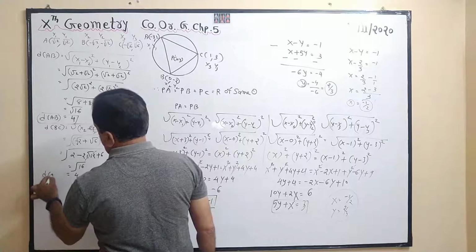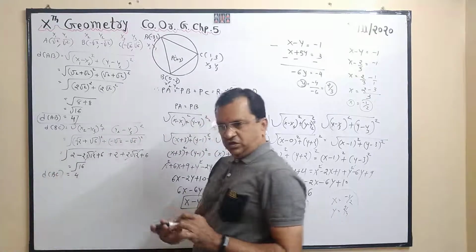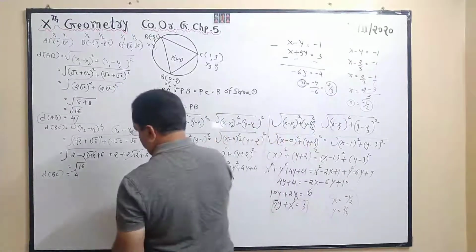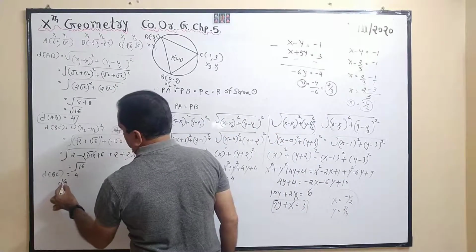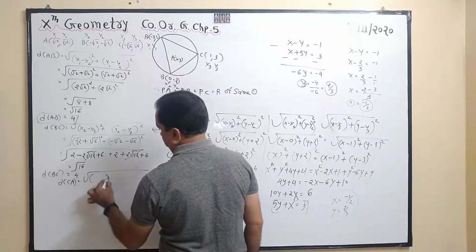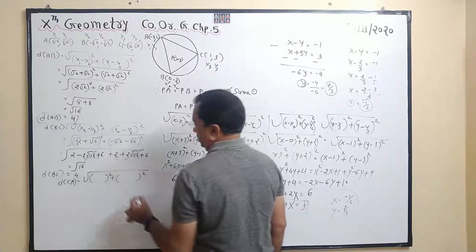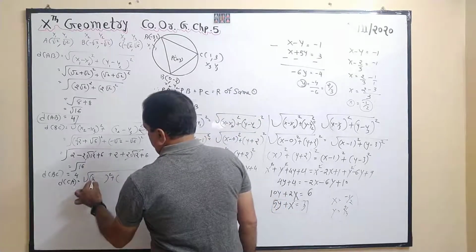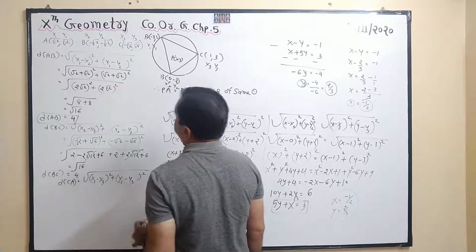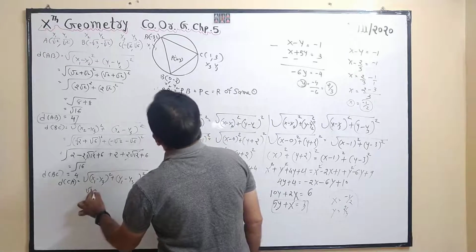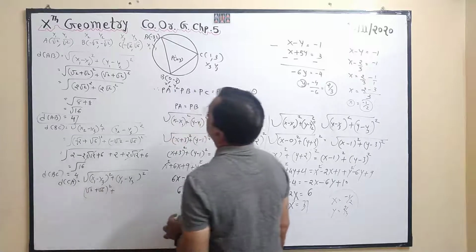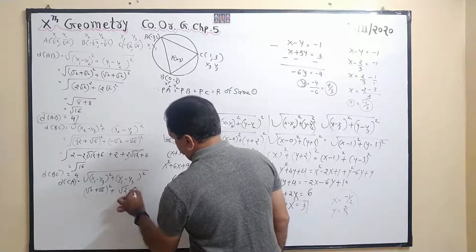Okay, this is root 16, which is 4. And now the third distance, AB, BC, CA. So x1 minus x3 now, y1 minus y3 now. So that is root 2 minus minus plus root 6 square, root 2 minus root 6.